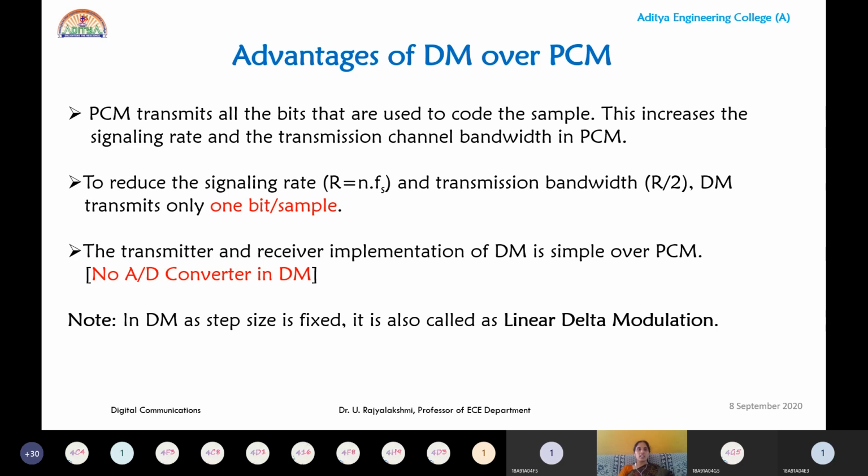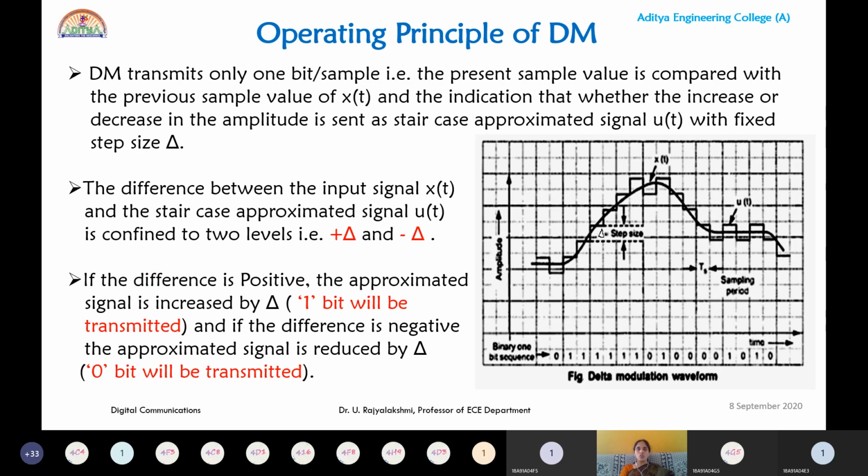We compared the present sample magnitude of x of t with the past sample magnitude. If the magnitude of x of t goes on increasing, our staircase waveform will also increase with a step size of plus delta. If the present sample value decreases, our u of t will also decrease by a step size of delta.